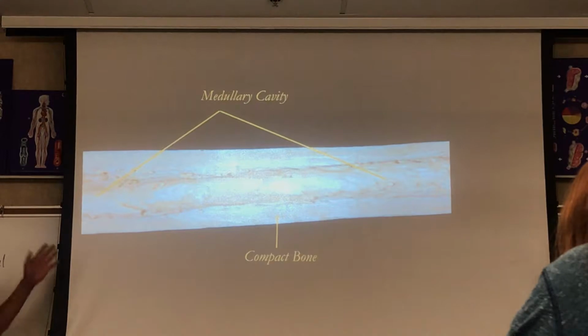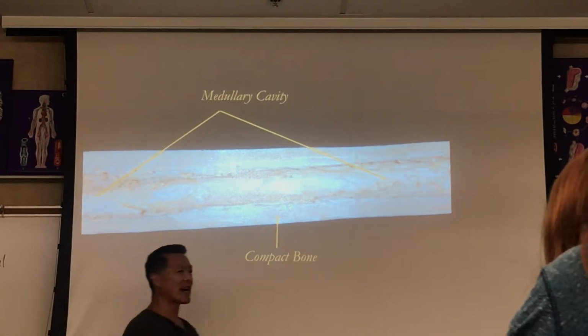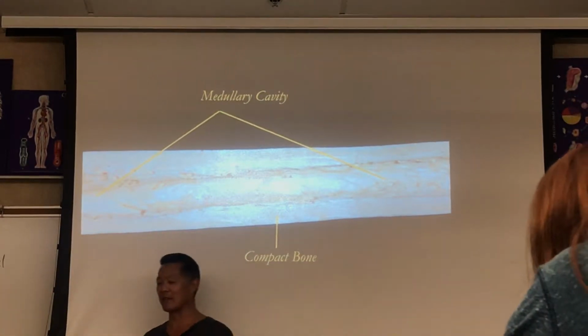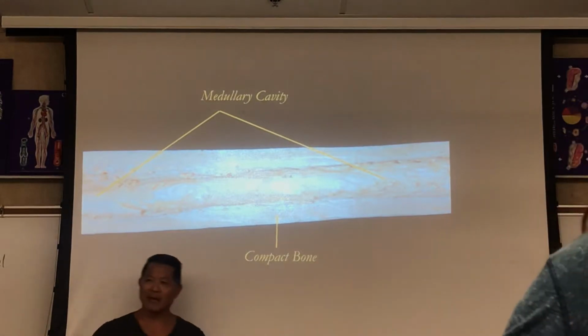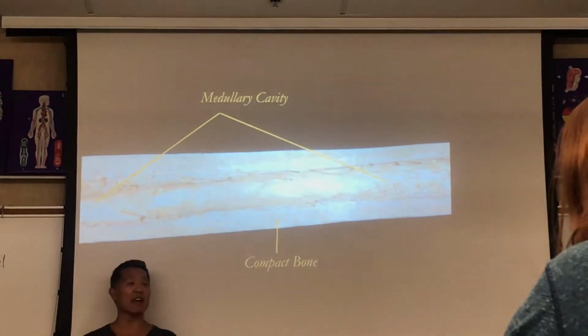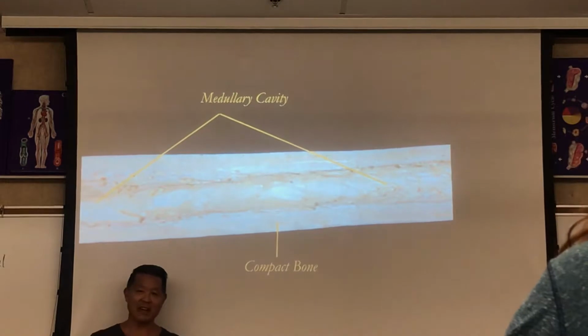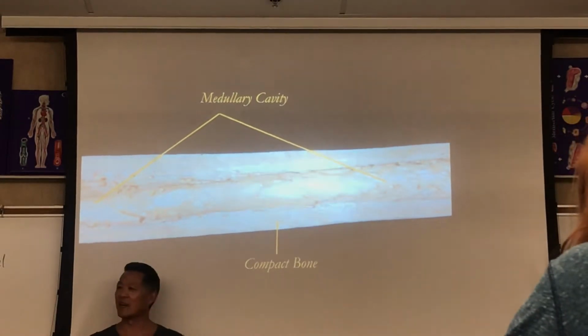The medullary cavity is in the center of the diaphysis, so they call it medullary cavity. Everybody got it? We saw that in the hair today, didn't we? The inside of the hair is medulla, outside is cortex.